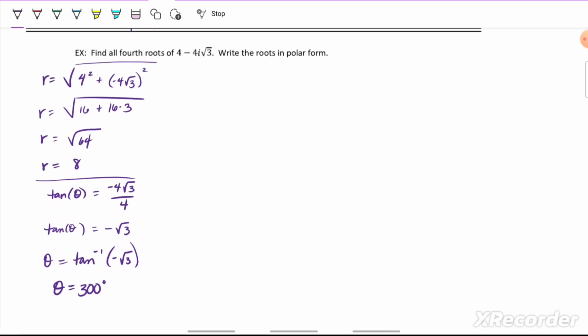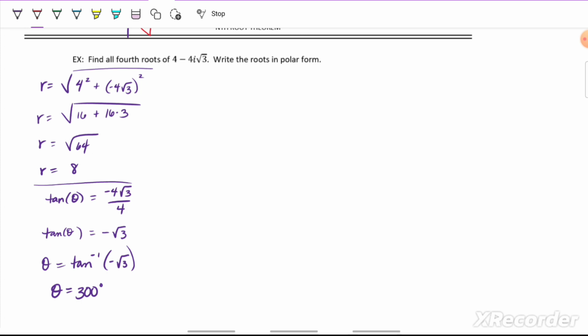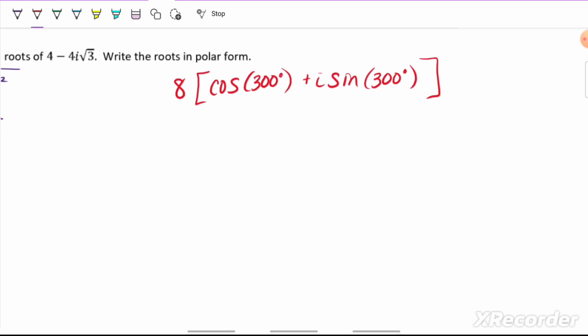All right, so our complex number is 8 times cosine of 300 degrees plus i sine of 300 degrees. And we want all fourth roots.